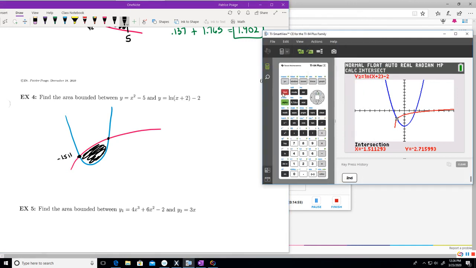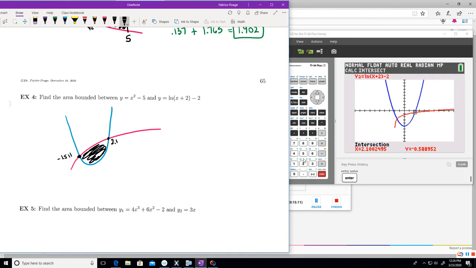So I'm going to do second trace number 5. And instead of enter, enter, enter, I'm going to do enter, enter, and I'm going to have to change my guess closer to what I want, and then enter. And I get 2.1. So I know that I'm integrating from negative 1.511 to 2.1.